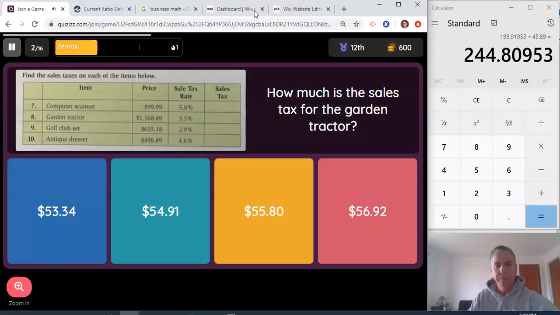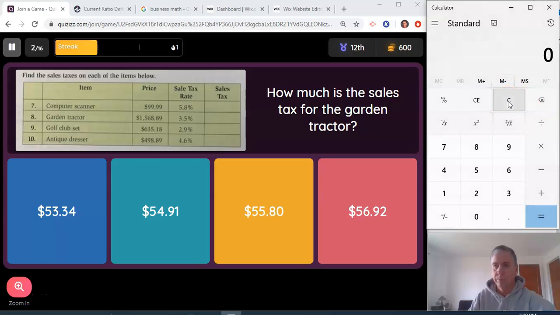Let's go do it. Go ahead and clear this entry. $1,568.89 times 0.035 sales tax rate.